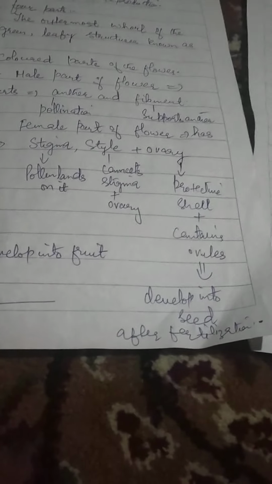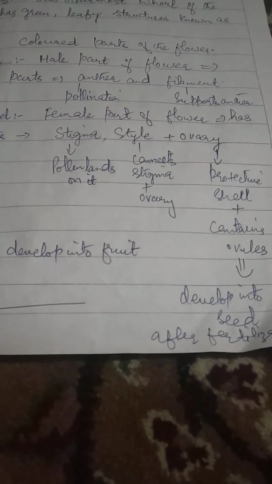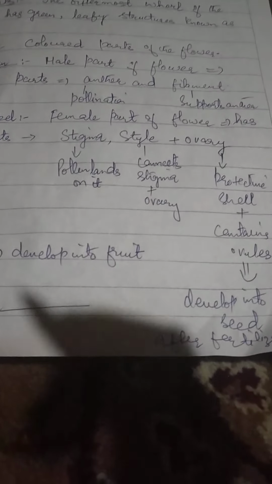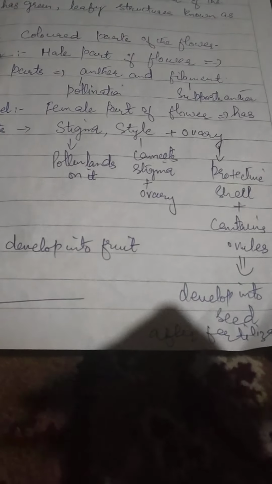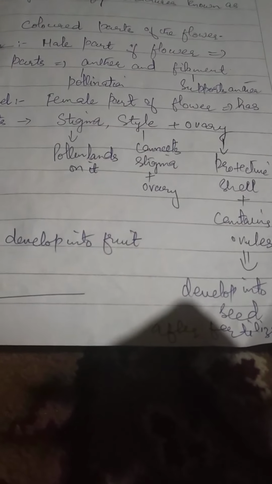Furthermore, the fourth subpart of flower, that is female part, that's known as pistil or carpel, has three parts: stigma, style and ovary. If we talk about their functions, on stigma, pollen lands.